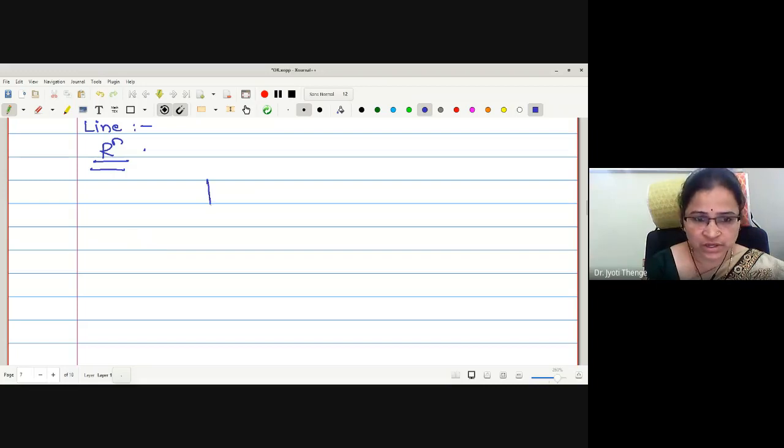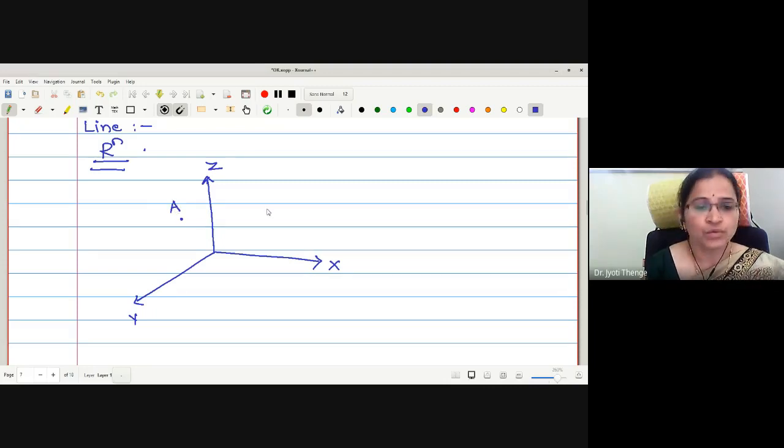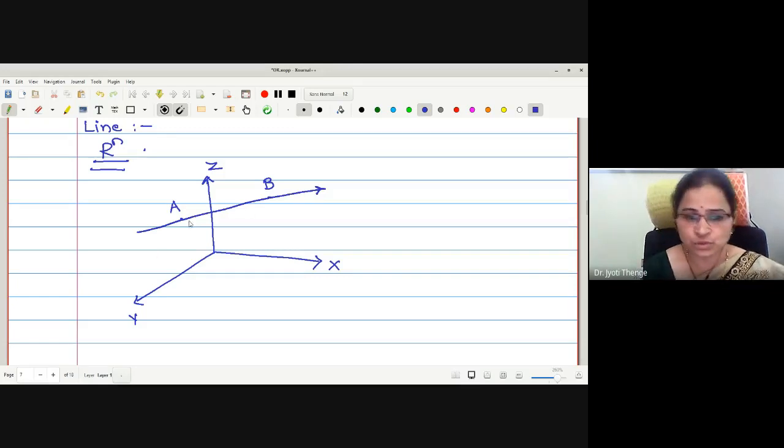Let me draw the sketch. In 3D, I am showing you, and the same can be extended to higher dimensions as well. So this is x, y, and z. Let a point A be given in three-dimensional space, and one more point, say B, is also given, and we are interested in finding the equation of the line passing through these two points.